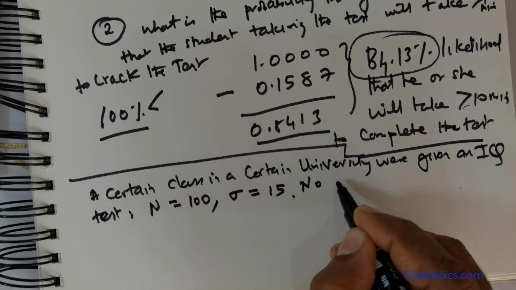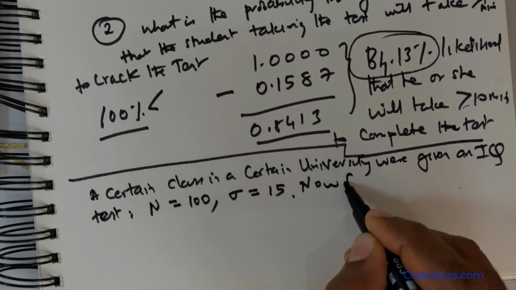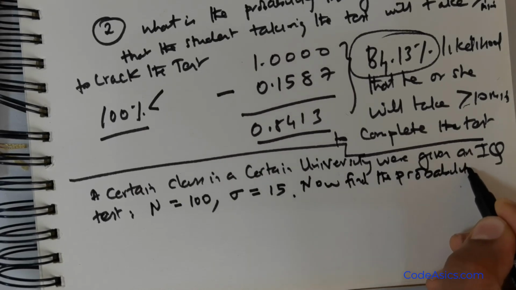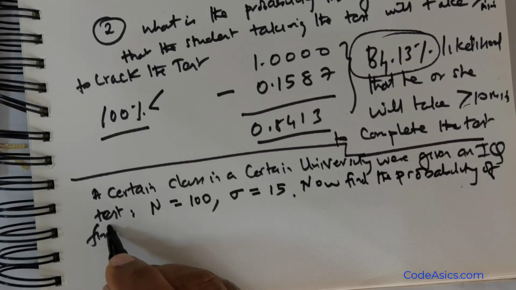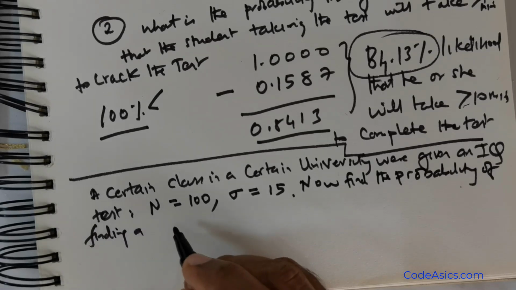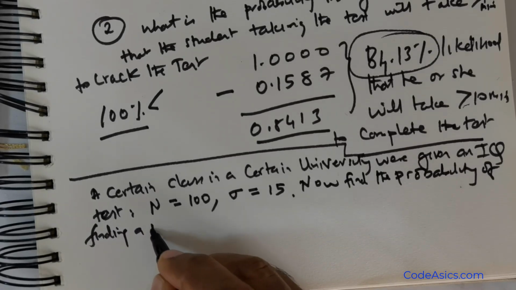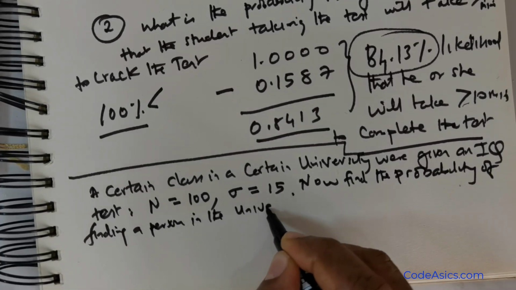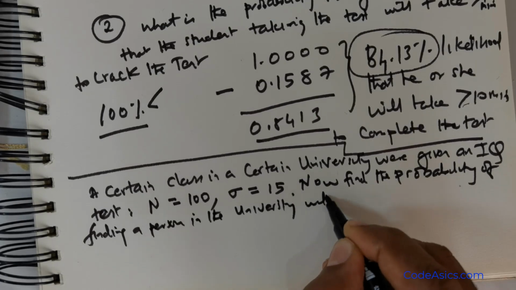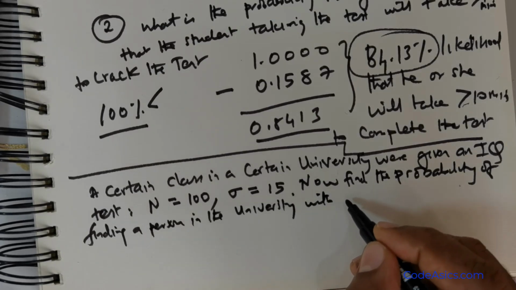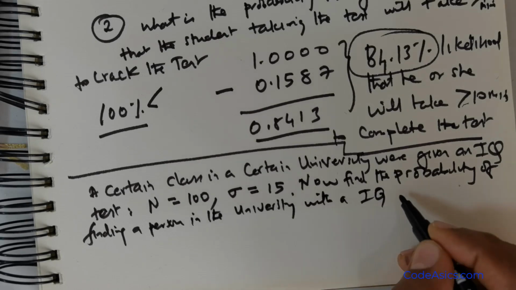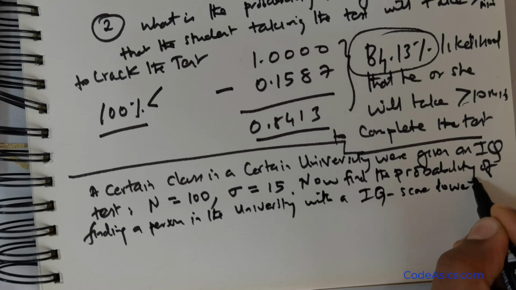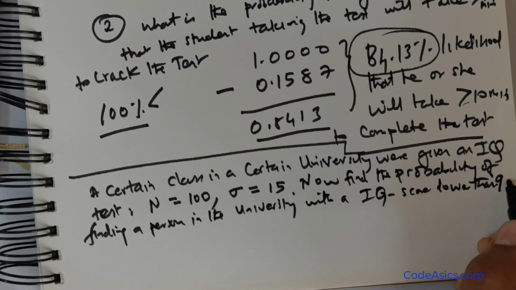Now find the probability of finding a person in the university with an IQ score lower than, say, 92.